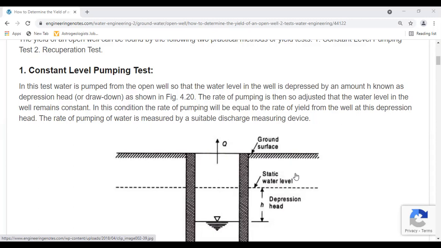A is the cross-sectional area of flow into the well at its base, which is taken to be equal to 4 by 3 times the plan area of the well due to cavity formation at the bottom. So it can be used to estimate the safe yield from an open well, provided the working head, the size and the specific yield of the well are known.